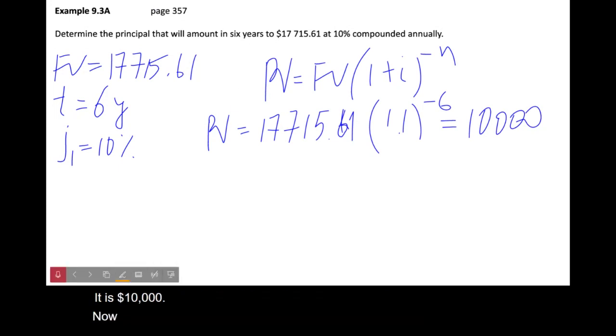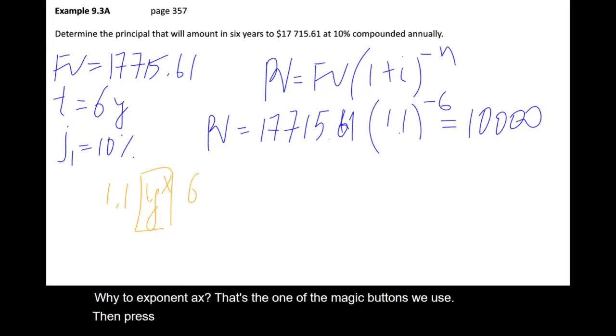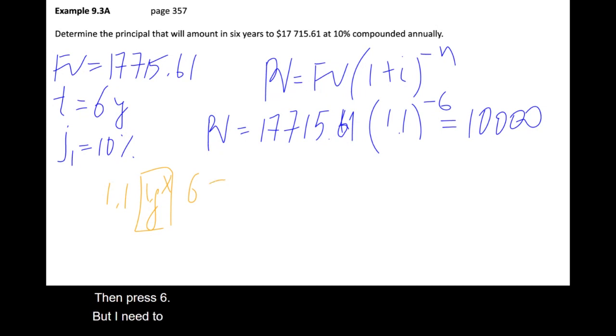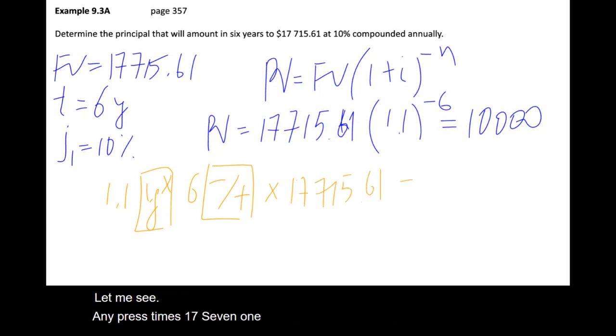Now how did I calculate it? I did 1.1, y to the exponent x. That's one of the magic buttons we use. Then press 6, but I need 6 to be negative, so I change the sign. And then I press times 17,715.61 and hit equals.